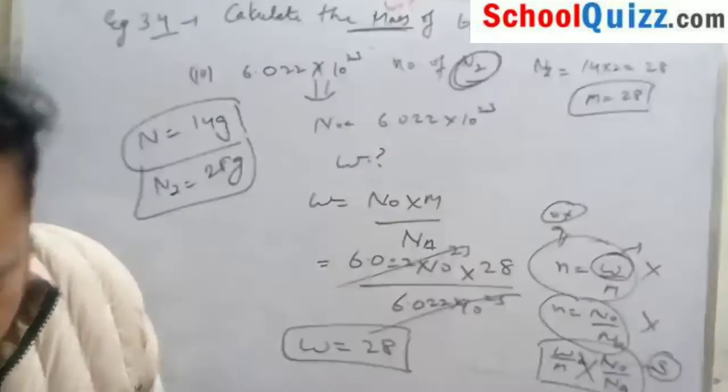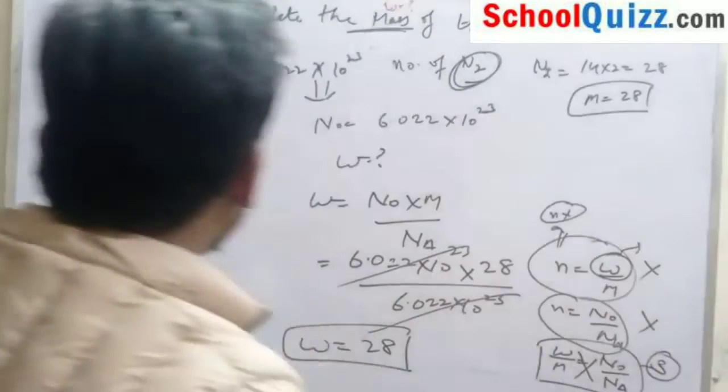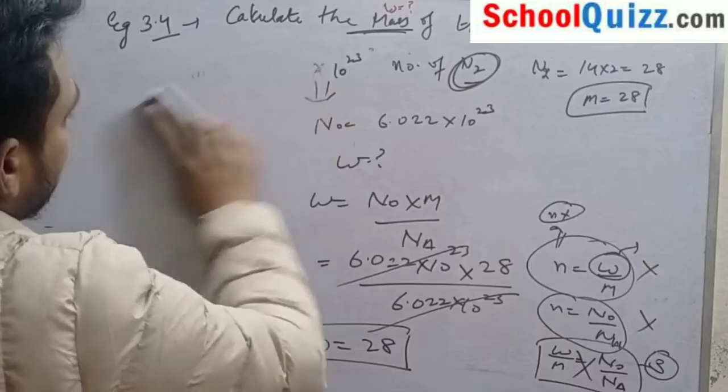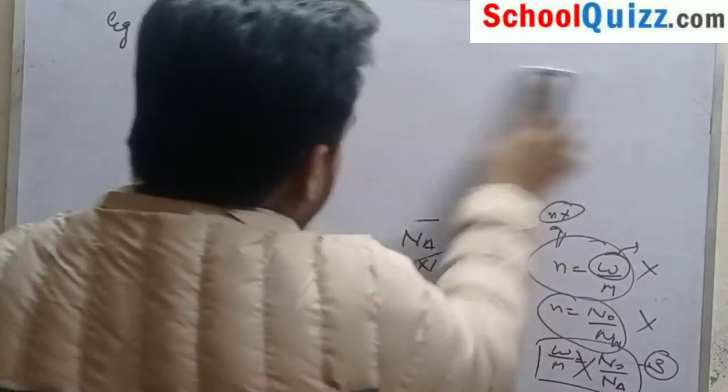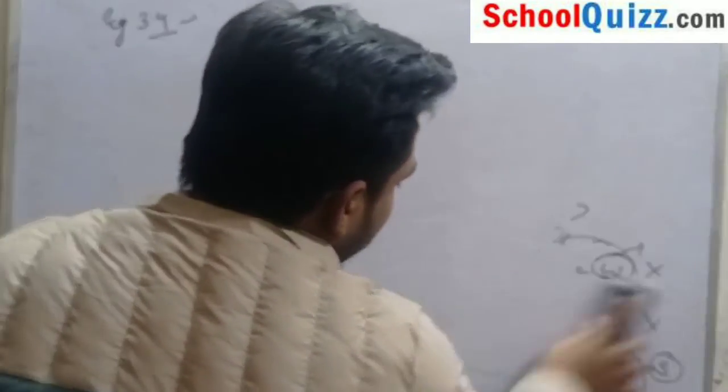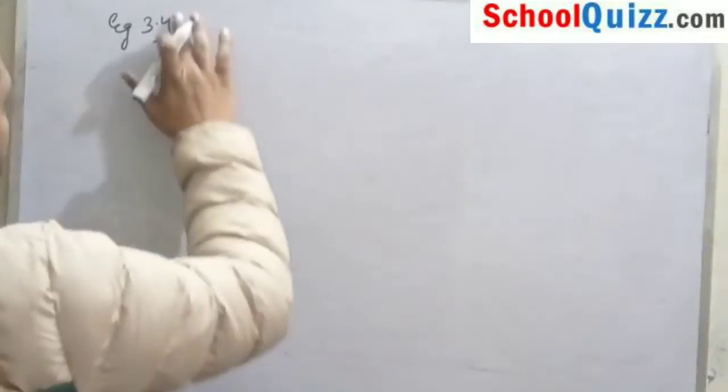Now we will move to example 3.5. Very simple numericals, guys, and it's very important from the paper point of view.